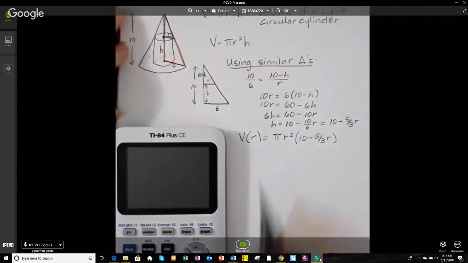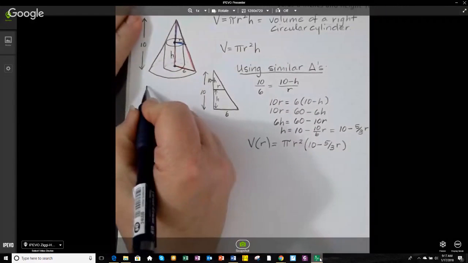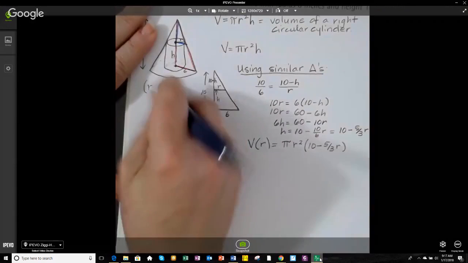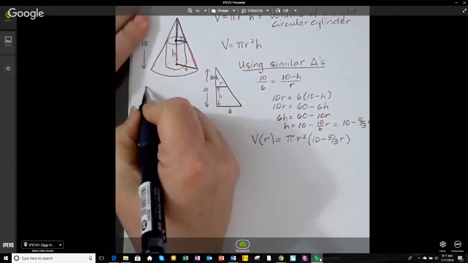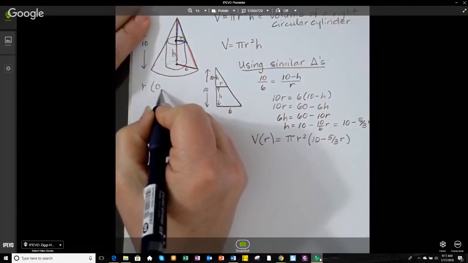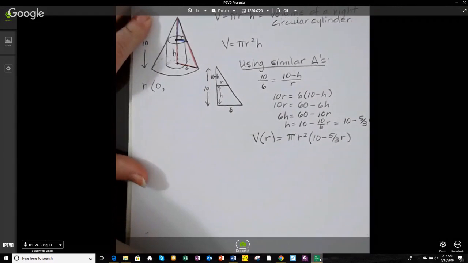Oh, wait, before we do this, I heard a little comment from the back there. We really should figure out what the domain is here on r. In order for this problem to exist, r has to be bigger than 0. But what do you suppose, in order for this to work, it has to be?